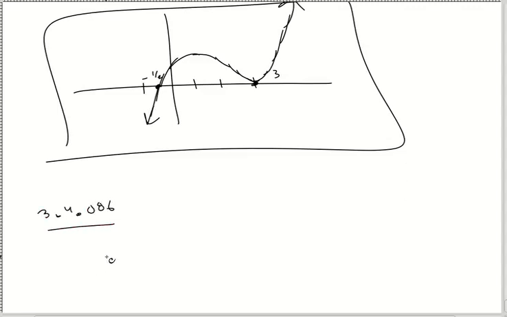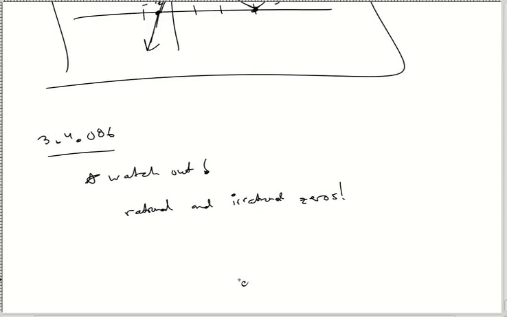34086. Now, this one I actually did not do at all. I'm just going to give you what I said here. It says, watch out. I wrote that on my paper here. It has rational and irrational zeros. And by irrational, it's actually an interesting thing.